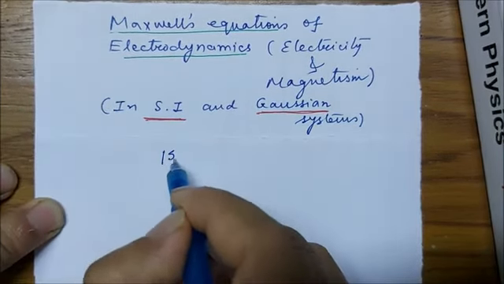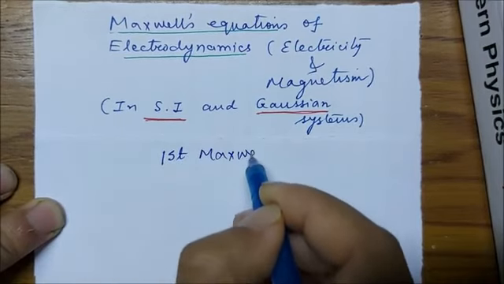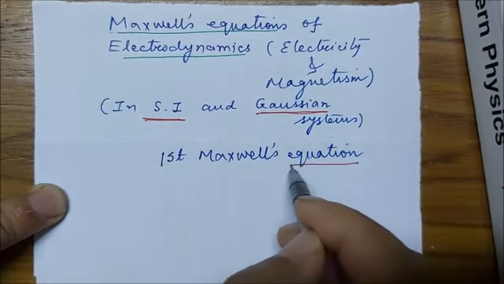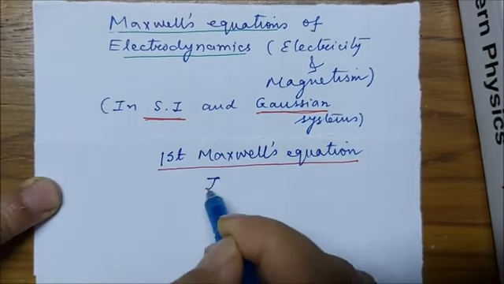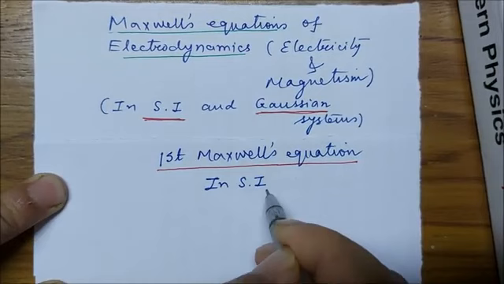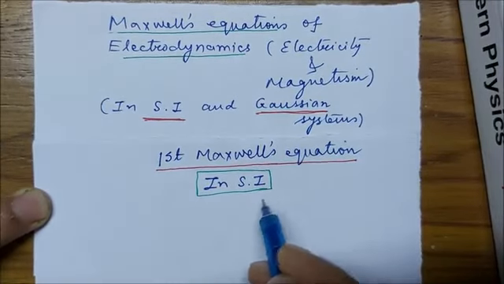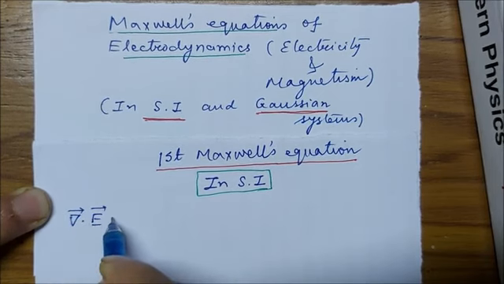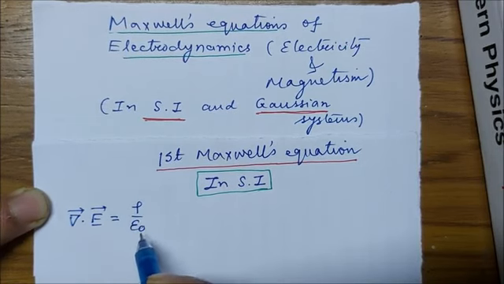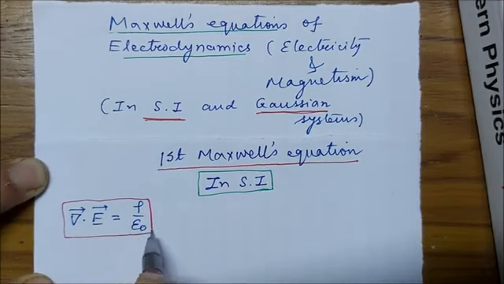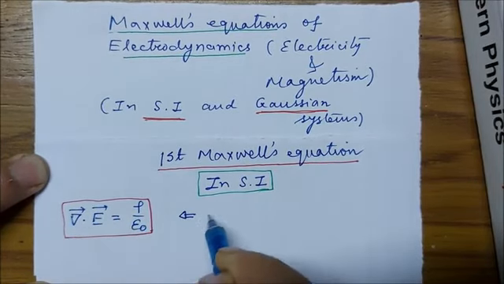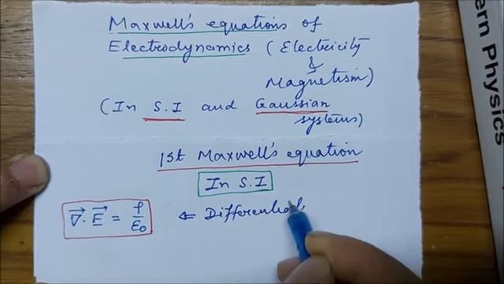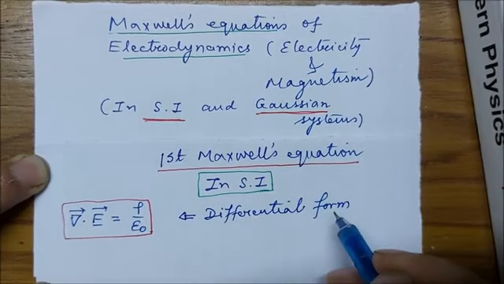First, the first Maxwell's equation. In SI system, it is divergence of vector E is equal to rho by epsilon 0, and this is the differential form of first Maxwell's equation.